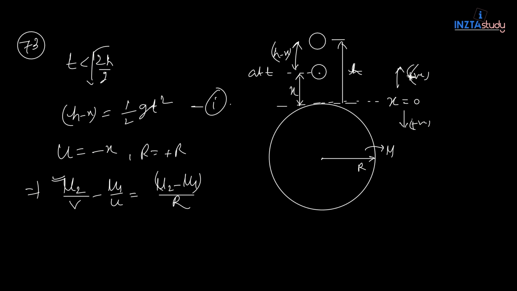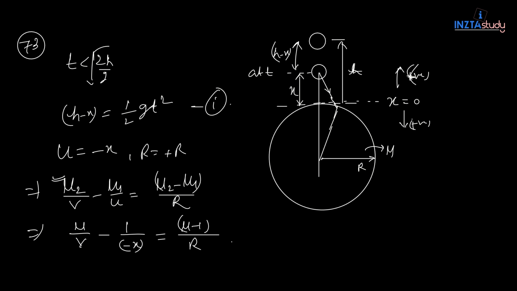Suppose this is the medium having the incident ray, and then this is the medium having the refracted ray. So mu2 is mu, upon v, minus mu1 which is 1, upon u which is minus x, is equal to mu minus 1 upon r. So r is positive here.